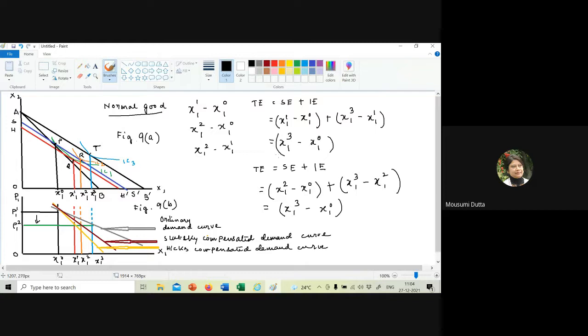The ordinary demand curve is steeper than the Slutsky demand curve.